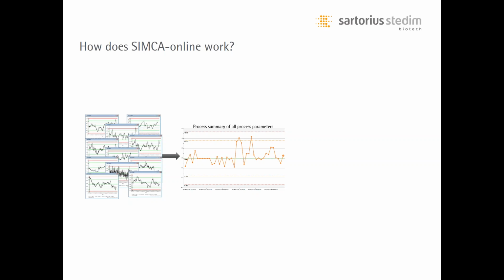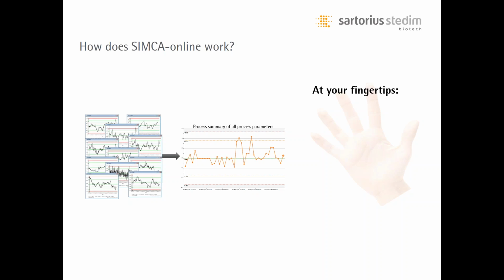So it becomes a very efficient solution. You don't have to make sure that you're looking at individual key parameters because you're actually looking at them all at the same time. And another big advantage of using multivariate monitoring technology like this, such as Simca Online, is that you are also using correlations between variables as a tool to increase the sensitivity of your system to pick up changes in the process that may happen.